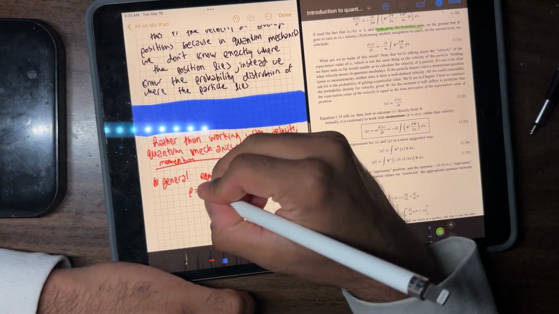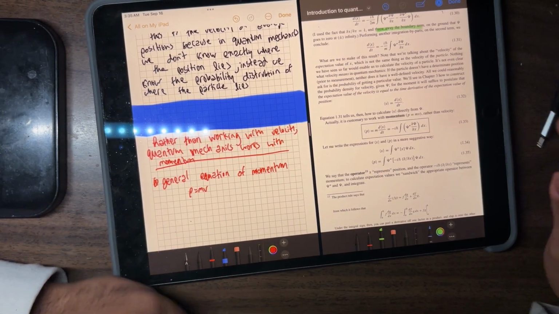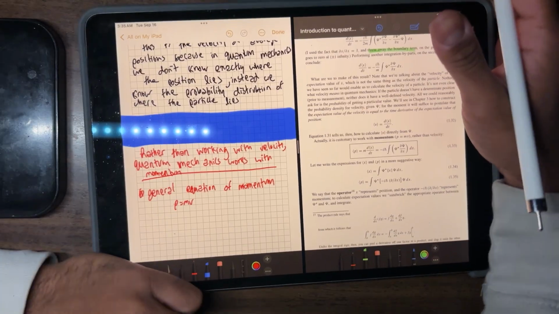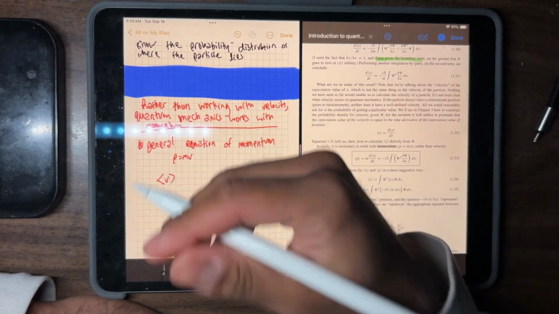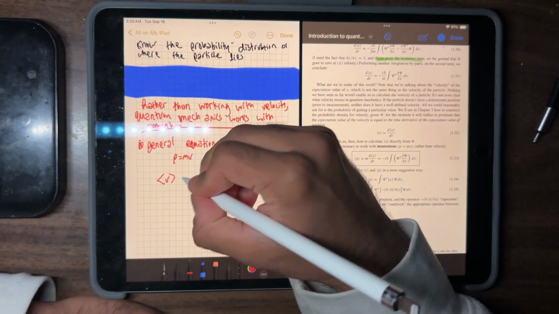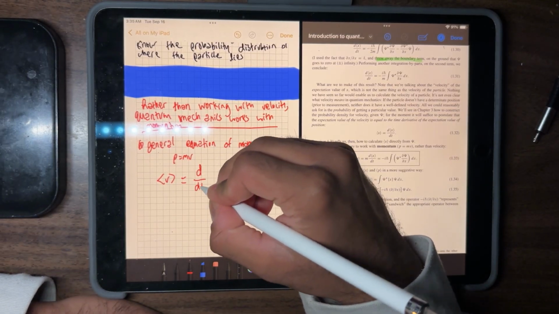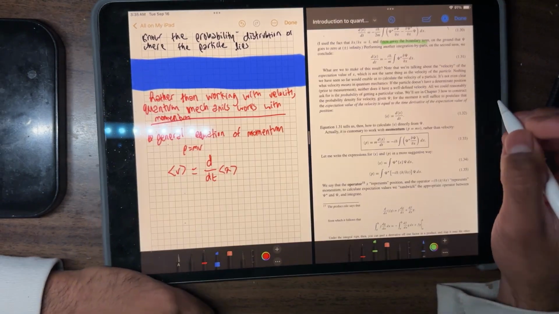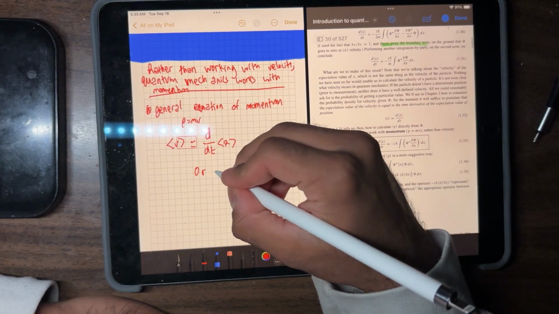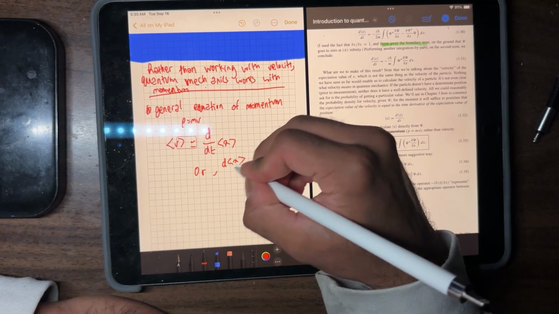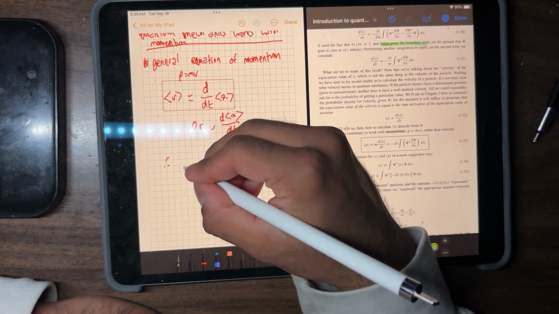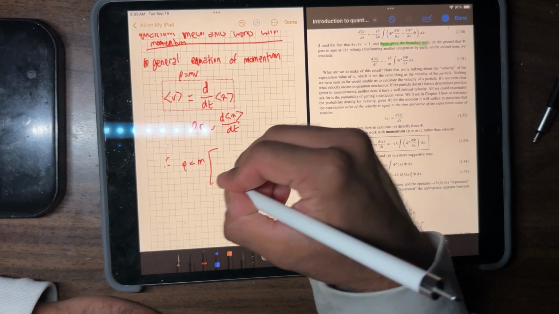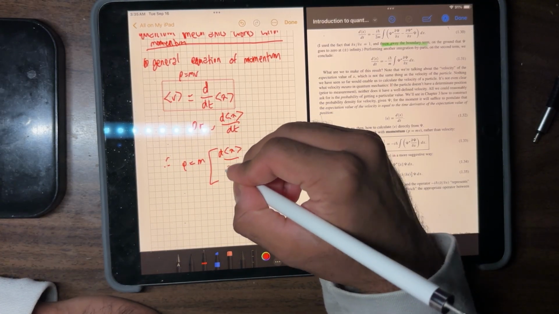So if I have p equal to mv, but I know what v is, right? v here is not v but the expectation value of v, which is d by dt of expectation value of x, or d expectation value of x by dt. Therefore I would have p equal to m d expectation value of x by dt.